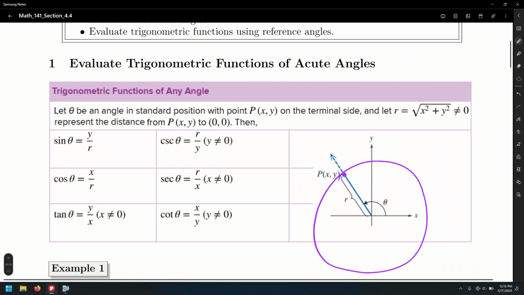But now, instead of looking at the circle per se, we're going to just look at the angles formed by two rays. The first ray is the positive x-axis, and the second ray is any other ray forming an angle in whatever quadrant it is. All right, so let's see.